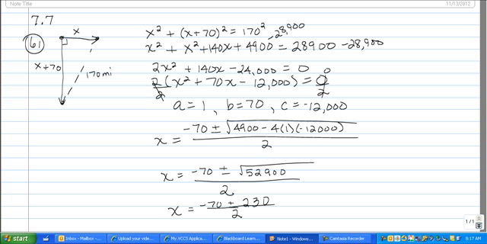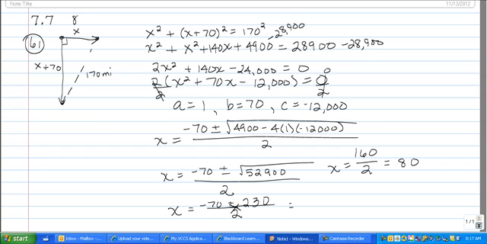Now if we take negative 70 plus 230, that's going to give us 160 over 2, which would be 80. And if we subtract, we're going to get a negative 300 over 2. Well, a distance can't be negative, so we don't want to do that.